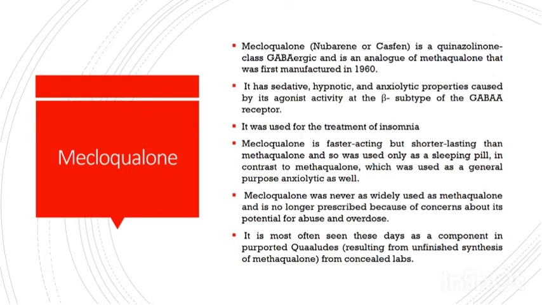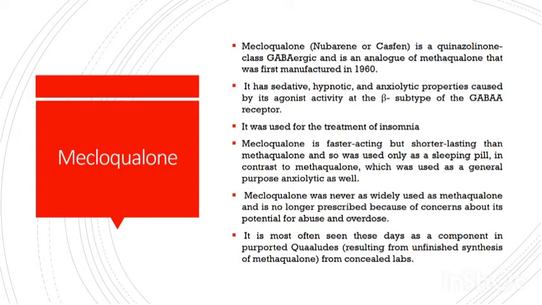And the next one is methaqualone, or we can say Casfan. It is a quinazolone class, GABAergic, and is an analog of methaqualone that was first manufactured in 1960. We already talked about methaqualone in one session.